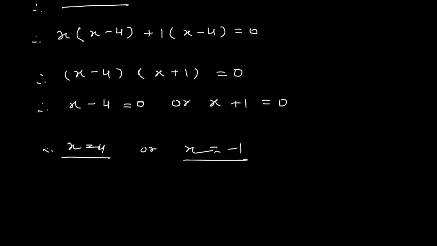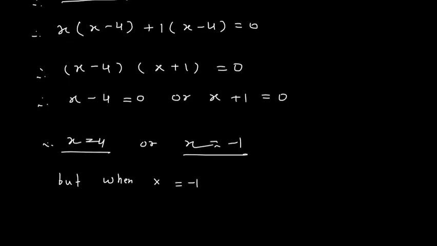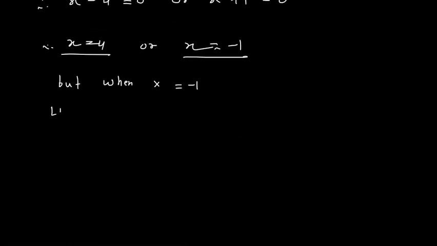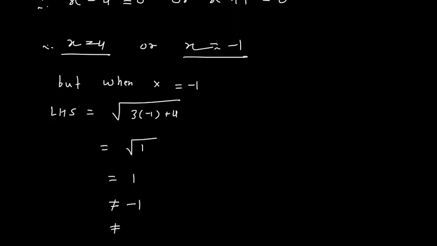So when x is minus 1, LHS is the root of 3 into minus 1 plus 4, which is root of 1, which is 1, which is not equal to minus 1, which is the right hand side.